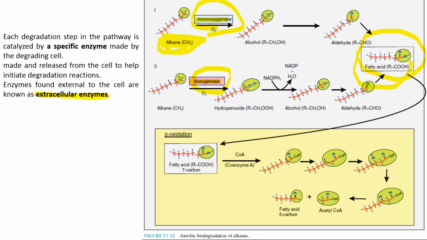The enzyme subjects this pollutant to a complete set of chemical reactions, and we have a fatty acid, and this fatty acid is taken inside the cell, and we know how a fatty acid is metabolized. It is converted into acetyl coenzyme A using beta oxidation. This acetyl coenzyme A ultimately takes part in the Krebs cycle, and we have energy.